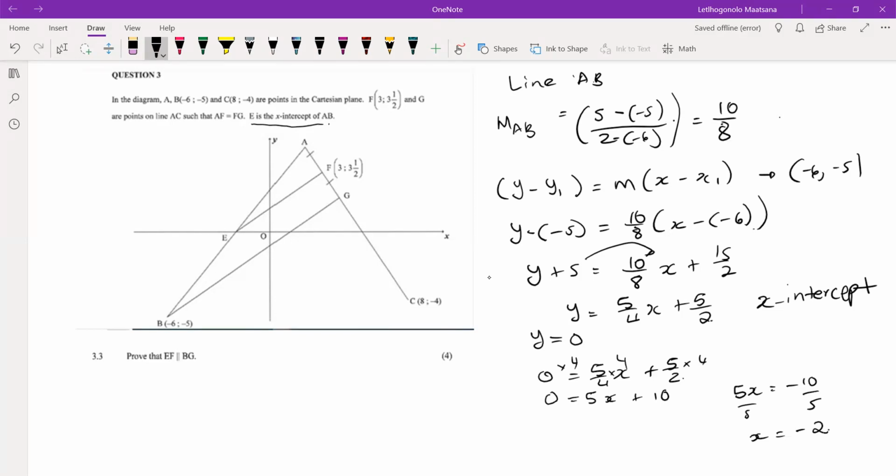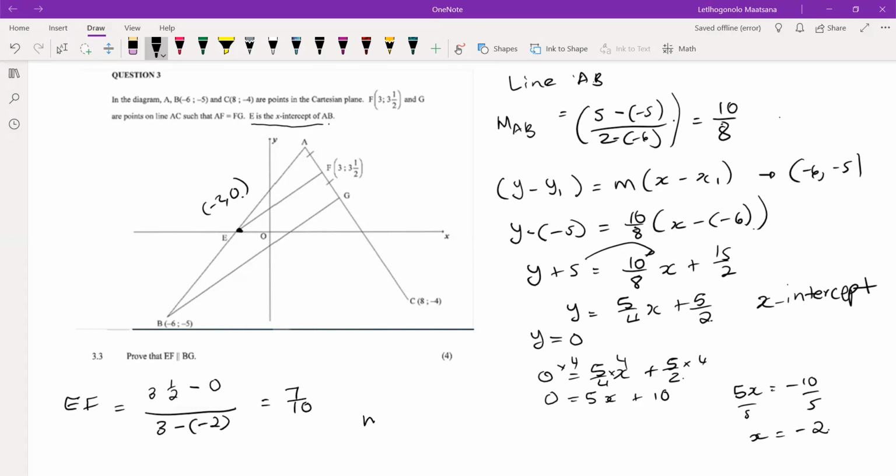Now that we have that, we want to find the gradient of EF now that we have the point E. So the gradient of EF would be (3 minus 0) over (3 minus negative 2), and that will give us 7 over 10.